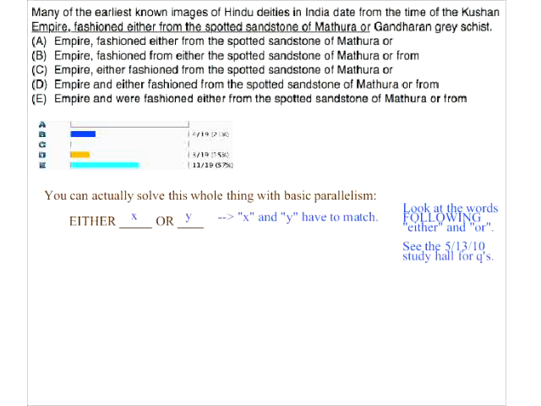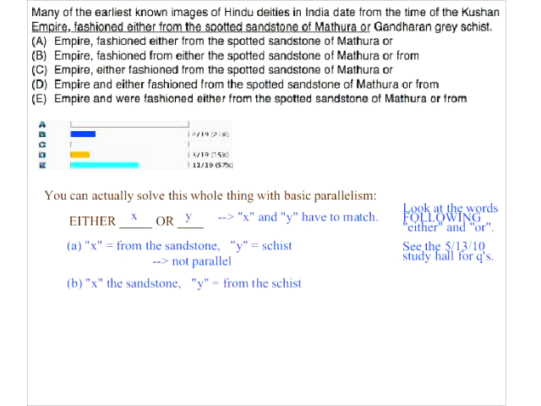So in choice A, the words after "either" are from the sandstone, but the words following "or" are just the schist. So that's incorrect. It's not parallel. In choice B, the words following "either" are just the sandstone, but the words following "or" are from the schist.